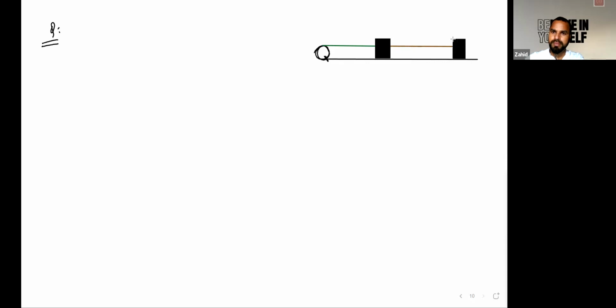This is the second block at this point. And there is another block attached to this.